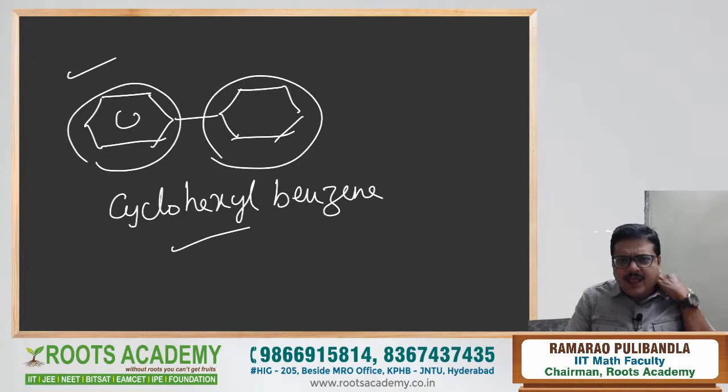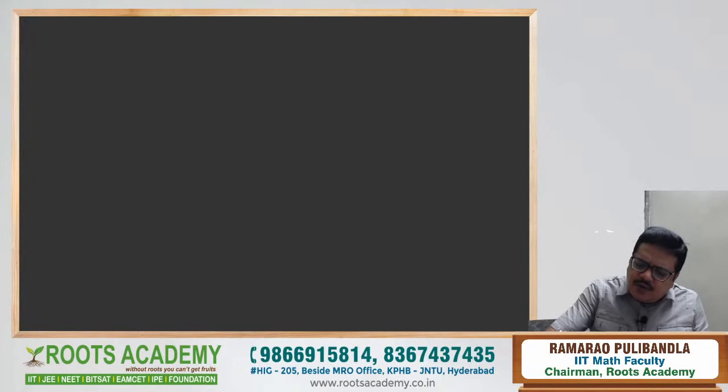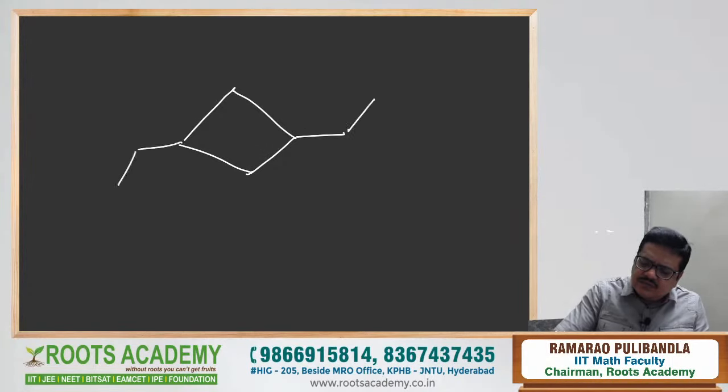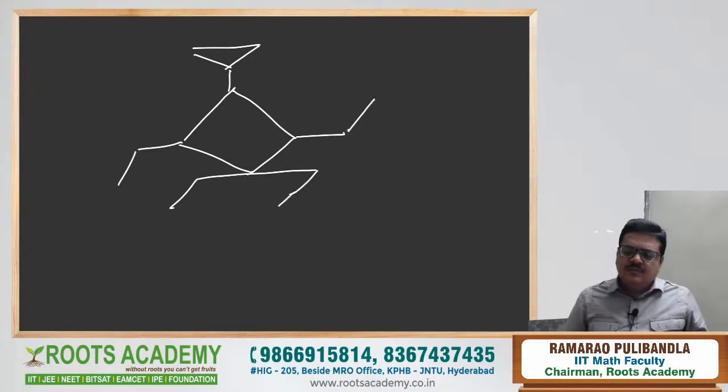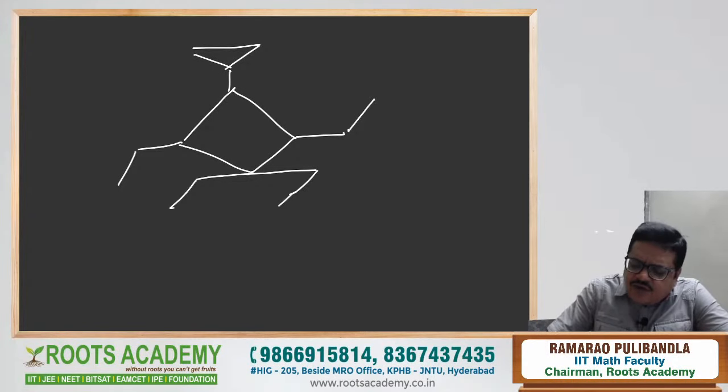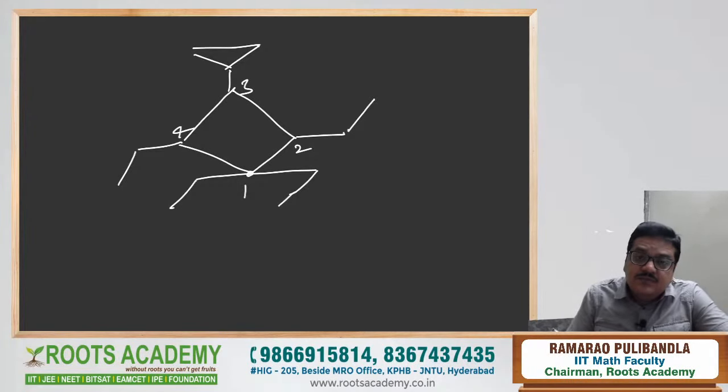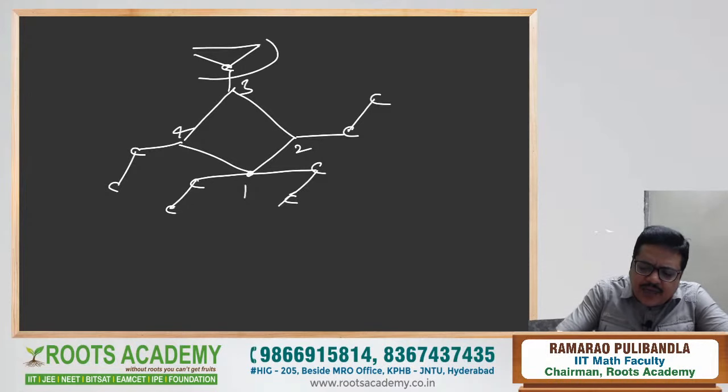Like that we have to approach for ring compounds. For example, if the compound is given like this, numbering is given from here: 1, 2, 3, 4. These are ethyls. This is cyclopropyl.